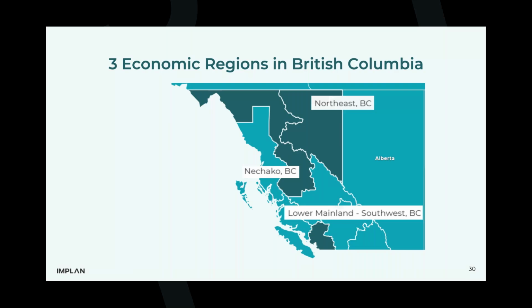And in contrast to the two others, it is the smallest by land area, but it's the largest in terms of population. In fact, this economic region accounts for nearly 60% of the British Columbia population. So we're going to take a deeper dive into the data, and we're going to look at employment in a few broad industries in these economic regions.